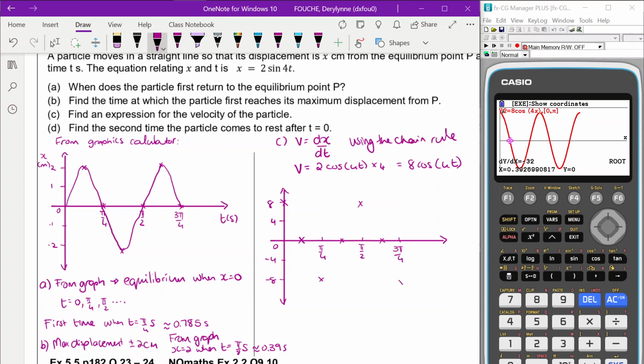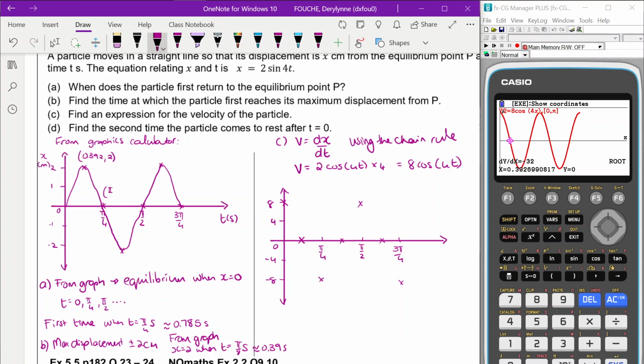Doesn't have to be absolutely perfect, as long as you've got your main parts and the labels. Oh, going back, what we need to do is label this point of 0.392 and 2. All right, make sure you label any points that you are referring to.